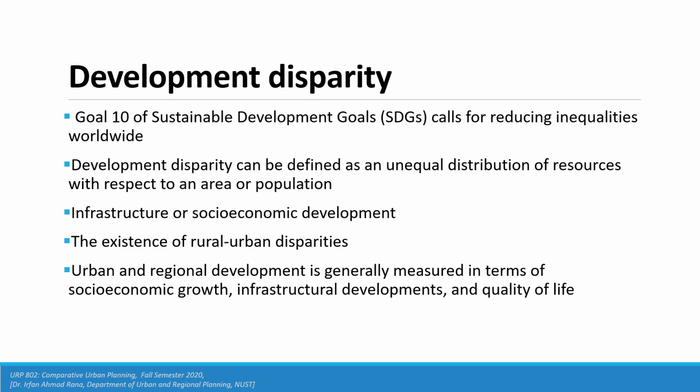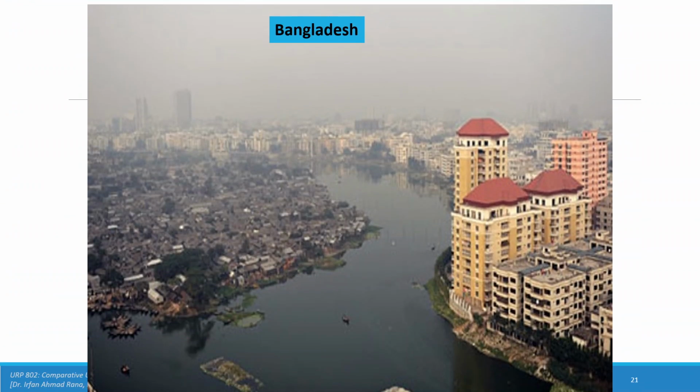This development disparity is also very apparent within urban areas, where a lot of slums and marginalized communities live. Why are they not having the same access to the same facilities in terms of socioeconomic growth, infrastructure, development and quality of life? Why are they not getting it?